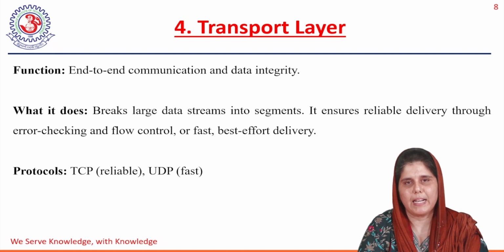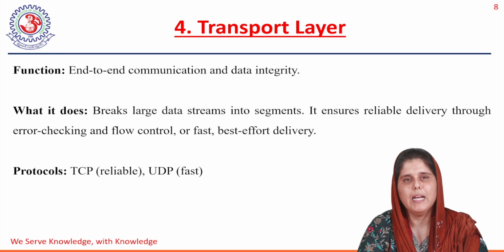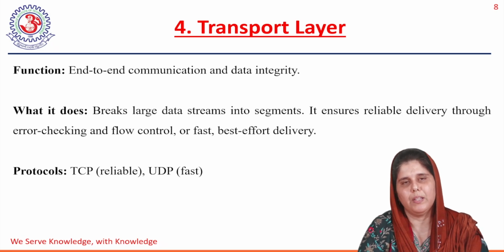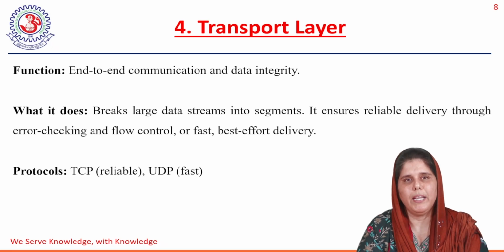TCP means Transmission Control Protocol and UDP means User Datagram Protocol. Based upon the application we are using, whichever protocol is applicable, we can use in our applications. Previously, in the network layer the packets are ready, and next in the transport layer the packets are converted into segments.